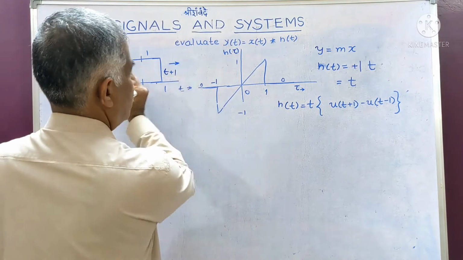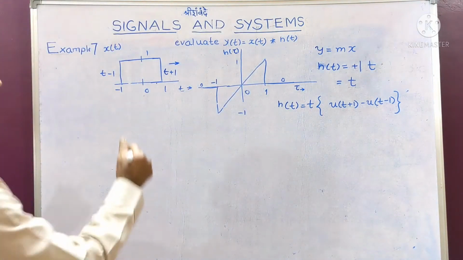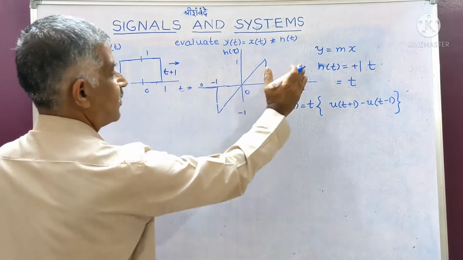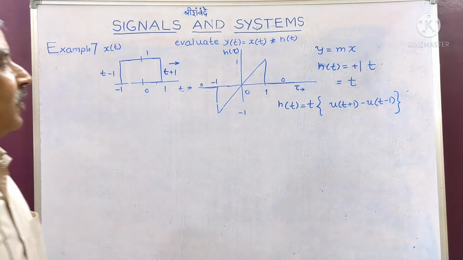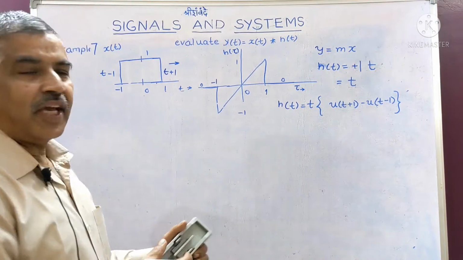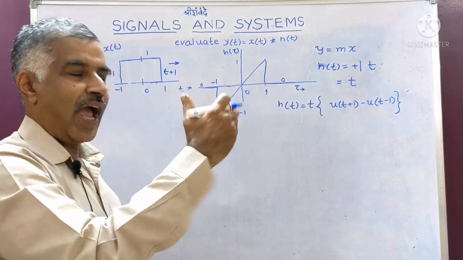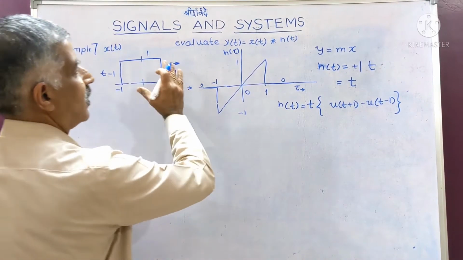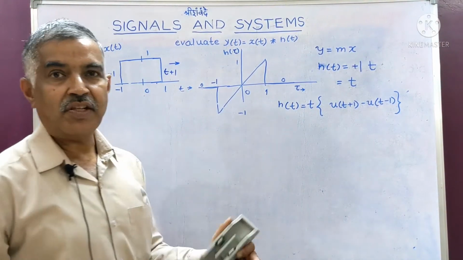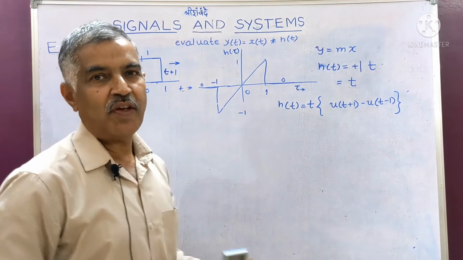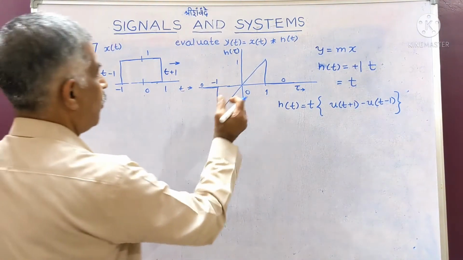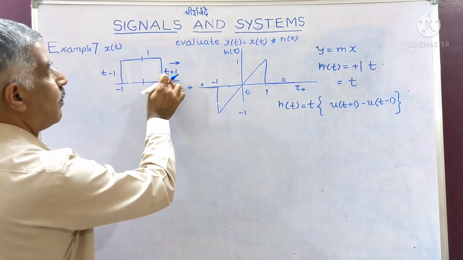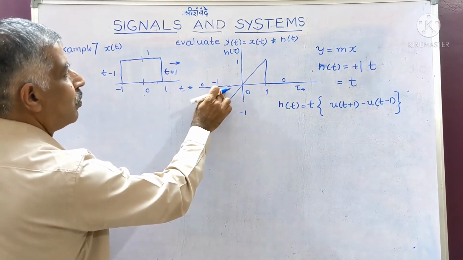Now as this advances, as you know, overlapping starts only when the waveform crosses minus 1. Here I may not put hatched lines, but you have to imagine that this waveform is moving over this waveform, and these two waveforms are overlapped. If overlapping has to start, this edge t plus 1 must be greater than or equal to minus 1.